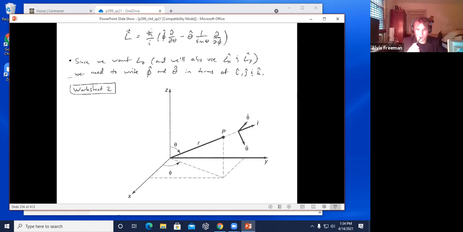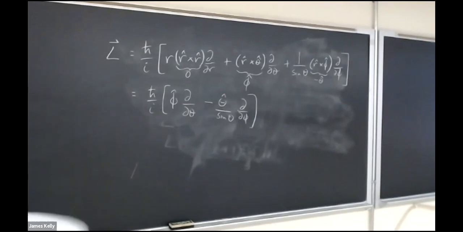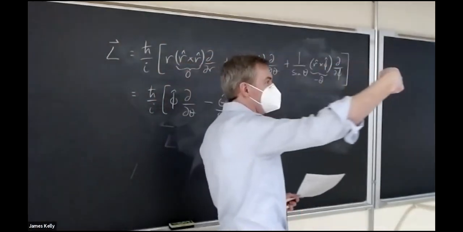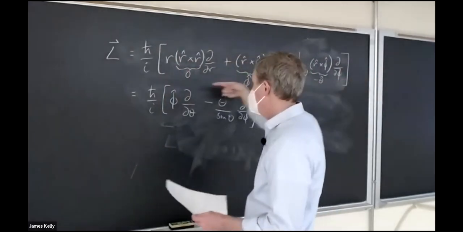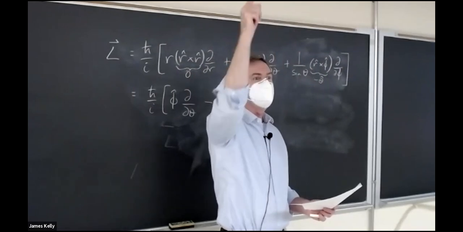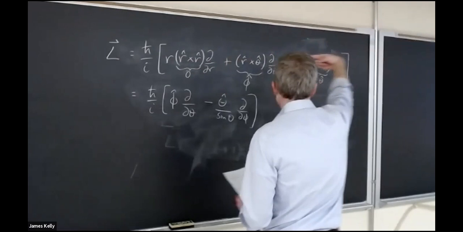If I think of phi hat, let me go off of here just so I can point in space. Phi hat at every point in space points in the direction of increasing phi, so it points around this way. Z hat's in this direction. So what is the z hat component? No matter where I am in space, this points around in a circle.